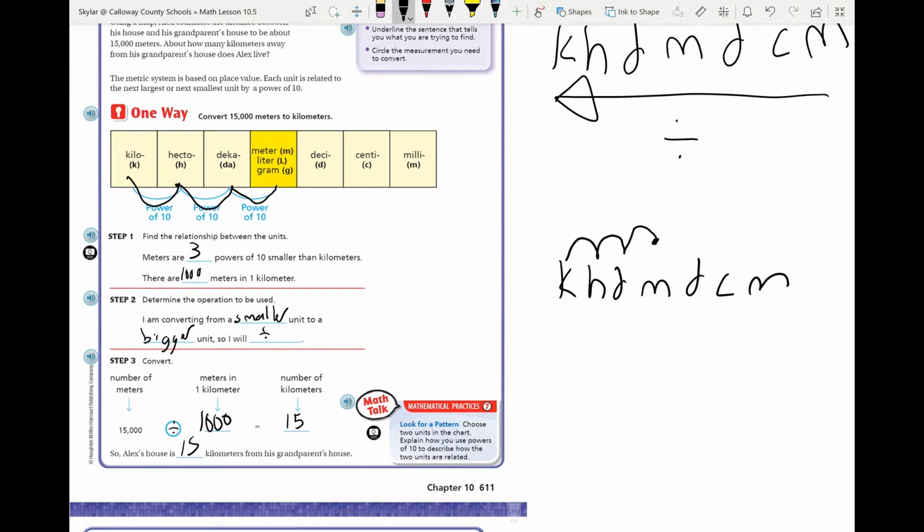So write down what you started with, 15,000. Find your decimal point. If it's not listed, it's at the end. And since we moved 3 spaces to the left up here, let's move 3 spaces to the left down here. 1, 2, 3. That's where your new decimal point is. So 15.000, which is just 15 kilometers. That's all you have to do.